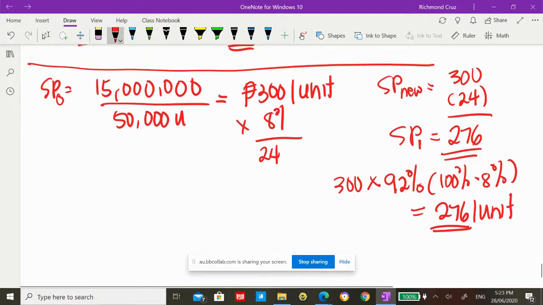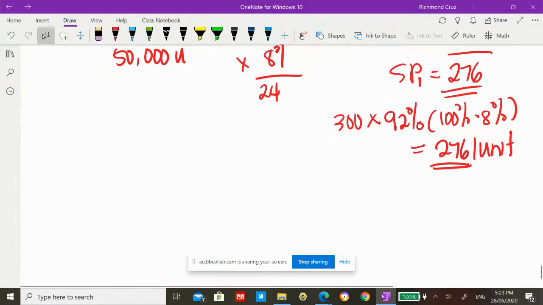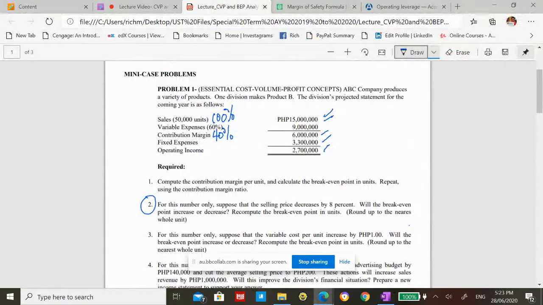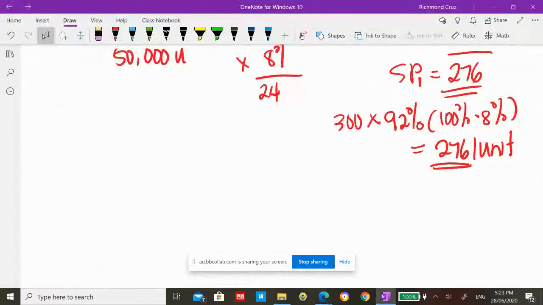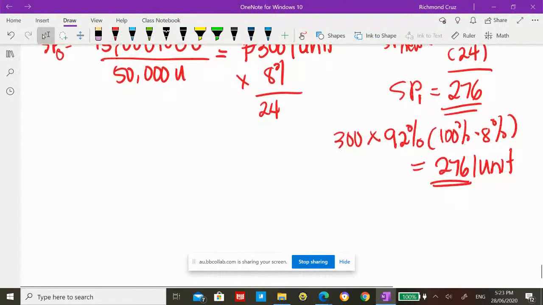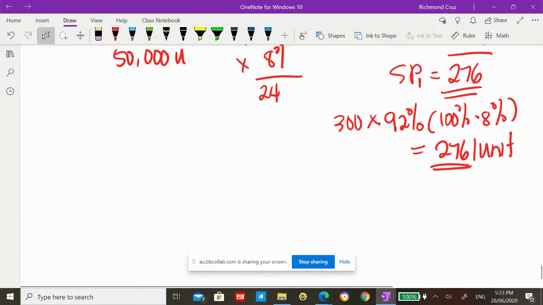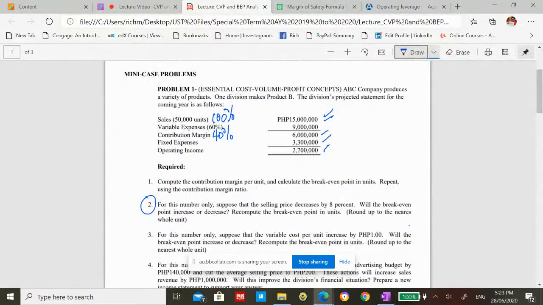So, if that is the case, sabi niya sa problem, tinatanong sa atin kung mag-i-increase daw o mag-decrease daw yung break-even point, assuming the selling price will decrease. So take note, since yung selling price natin nagbago, it does not necessarily mean na magbabago din yung variable cost natin per unit.